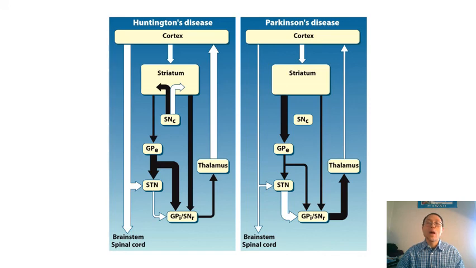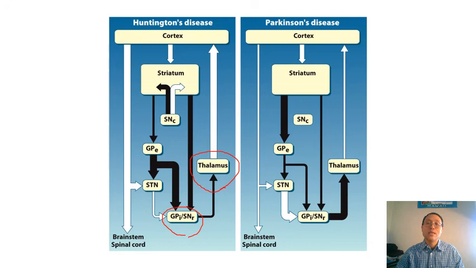And so this is why Huntington's disease patients seem like they always have to move, and they cannot control their movements very well. Because there's a lot of increased output, as you can see, the inhibition to the thalamus is really reduced, and the globus pallidus cannot properly inhibit the thalamus.